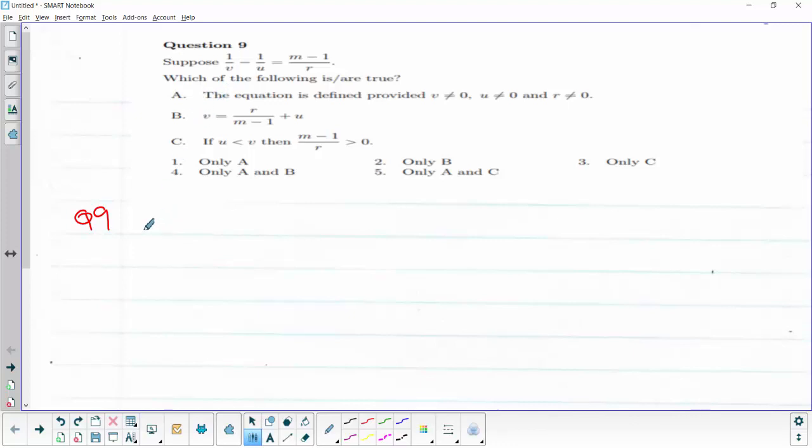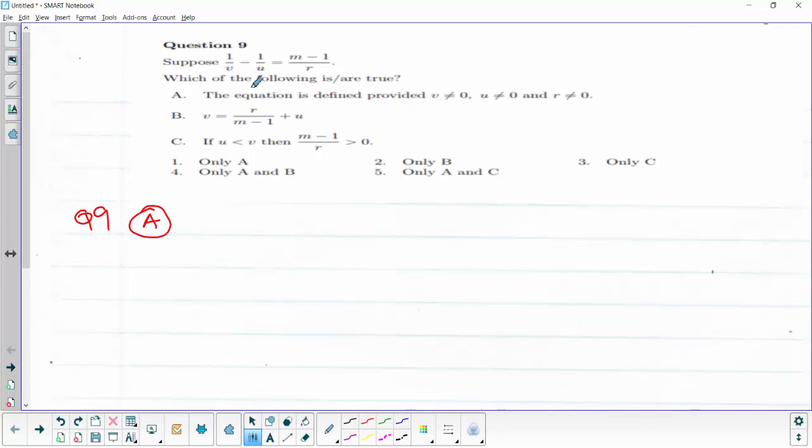So let us consider A first. The equation is defined provided v is not equal to 0, u is not equal to 0, and r is not equal to 0 as well. So let us prove it.